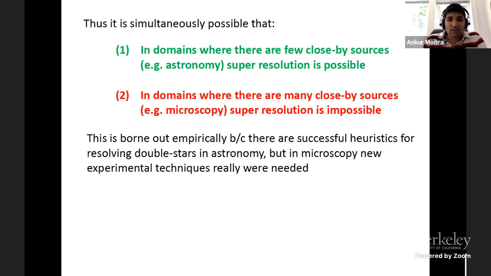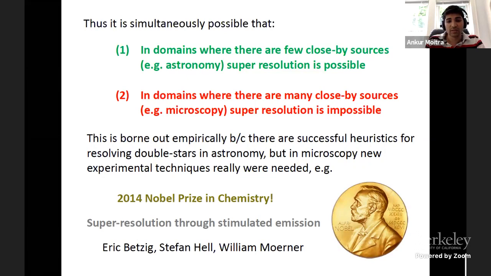So this is kind of neat because I think some of these provable guarantees help explain why there are such differences between these two different communities, that simultaneously there can both be no diffraction limit and yet really an honest to God diffraction limit. It's just that it emerges as a phase transition when you talk about the number of sources.